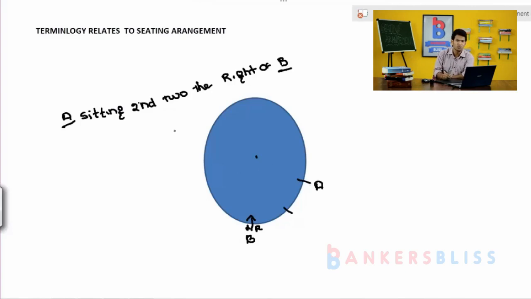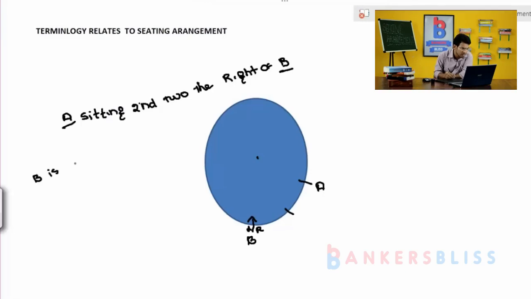Once again we will move to the next type: the person B is sitting third to the right of D. Look here, we know the position of B is here. Then simple, you just write D here.